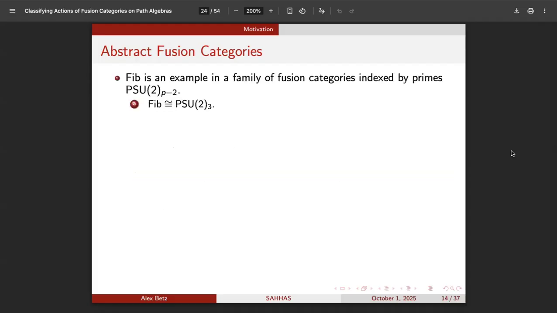This is an example of a fusion category that's indexed by primes, called PSU2 at depth p minus 2. The way you create these fusion categories, if you're curious, is you take semi-simplifications of quantum group representation categories.